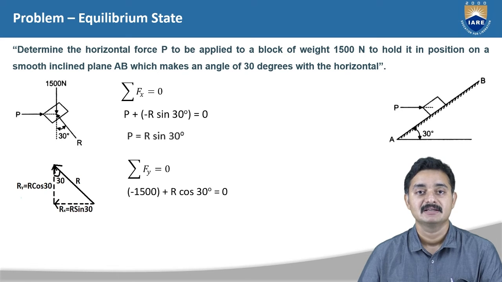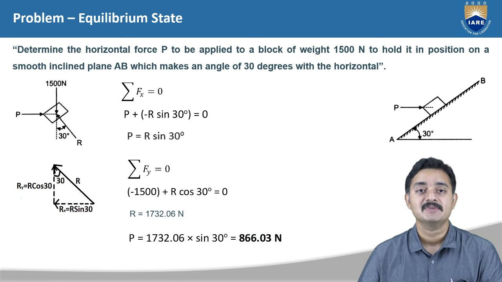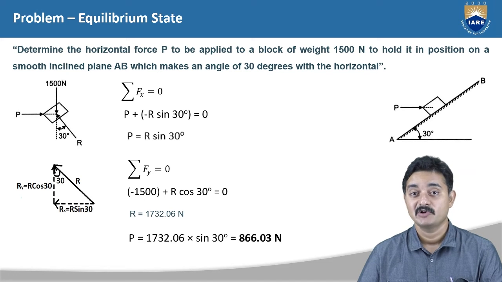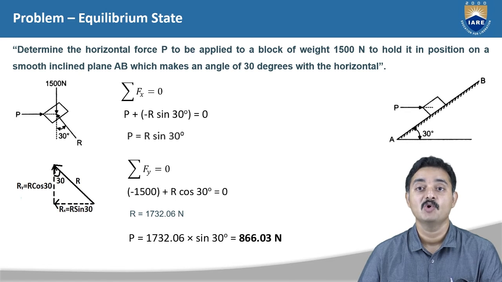Solving this, we get R is equal to 1732.06 Newton. Substituting this value in equation P, we get P is equal to 1732.06 into sin 30. That is equal to 866.03 Newton. Thus, the force of 866.03 Newton is to be applied horizontally onto the block to hold it in position.